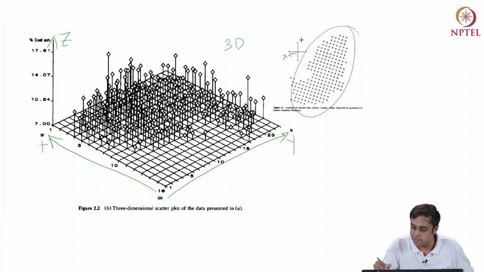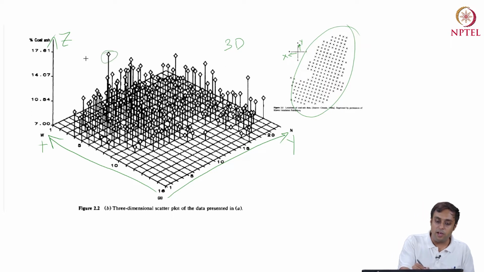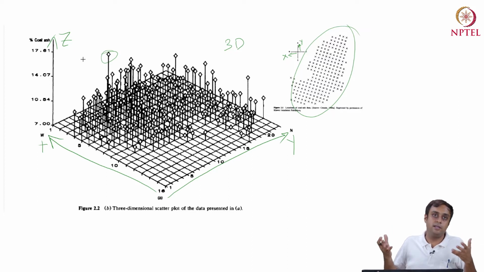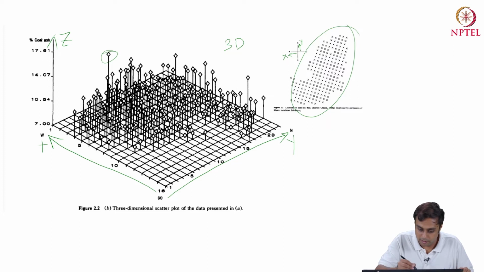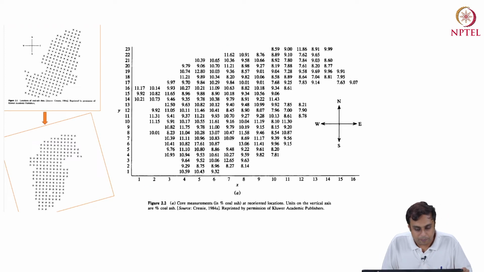So my west is my x-axis, north is my y-axis, and I'm looking at a height from ground to identify the percentage of coal ash. Of course, the larger the value of coal ash, the higher the impurity, and perhaps the less desirable this coal mining project will become, right? So let's move forward in the quest to summarize these data.